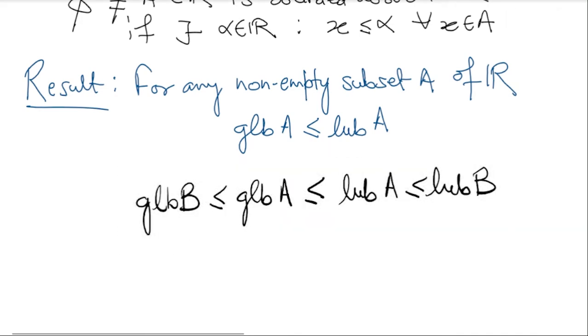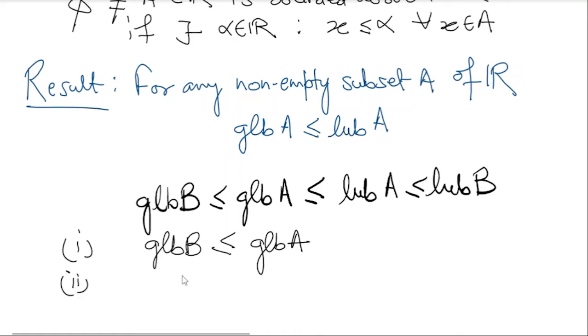Okay, so now I'm interested in proving this inequality. Whatever I said now, try to listen to it very carefully. In order to prove this, I can prove it in two parts. First, I prove that the greatest lower bound of the set B is always less than or equal to the greatest lower bound of the set A, and second, that the least upper bound of the set A is less than or equal to the least upper bound of the set B. Let me call this star.